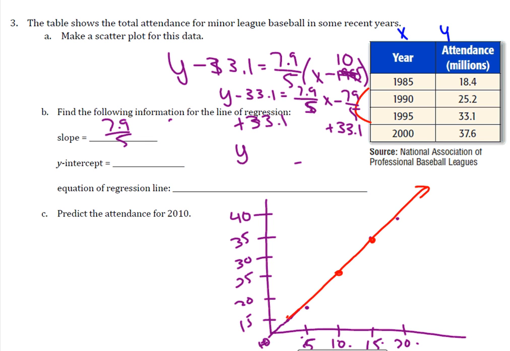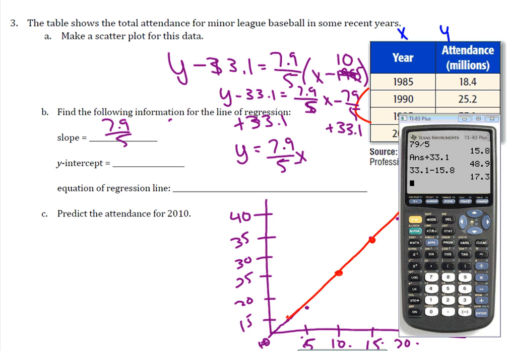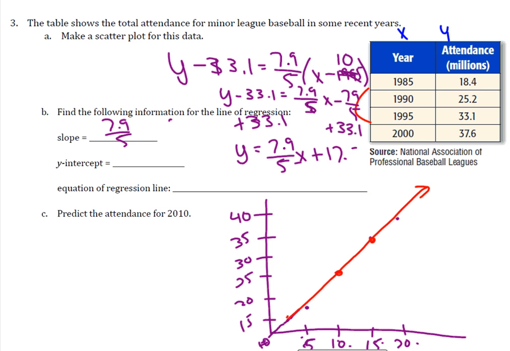So when I do that, I get y equals 7.9 over 5x plus 17.3. So 17.3 is my y-intercept. The equation is here.